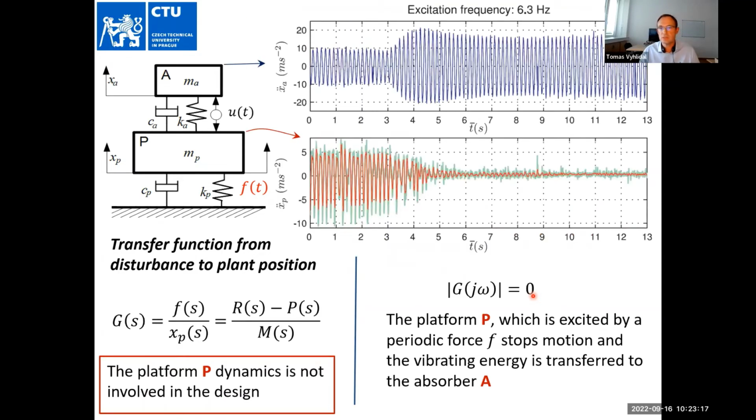Here you see it in the measurements. In the beginning, from 0 to 3 seconds, the active feedback was not on, so it behaved passively. But it was turned on at time 3 seconds, and you see that the platform position is silenced.